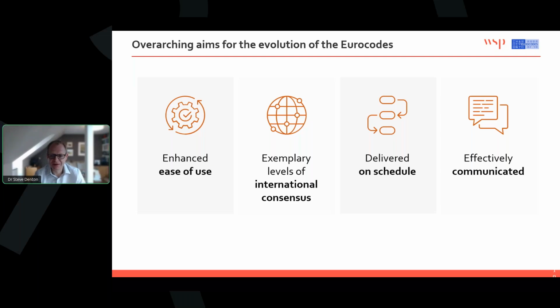And then finally, to effectively communicate the changes and support all of those people affected by the transition. And today is an effort to try and support that communication and support that transition to the second generation of Eurocodes.